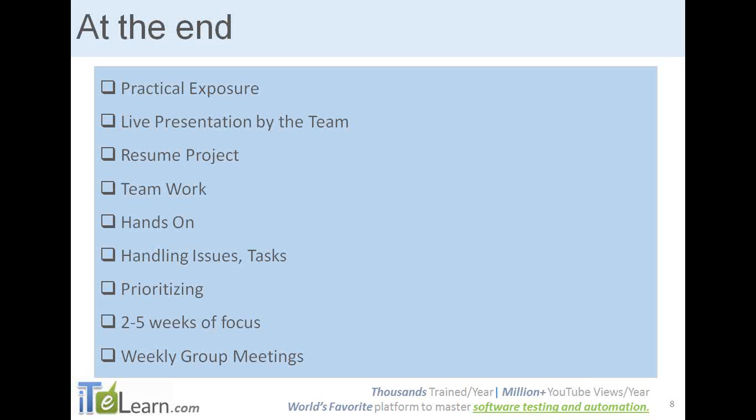Then how to prioritize your tasks, what to do and what not to do. So this is very important. The time frame, we would be focusing on 2 to 5 weeks of a live project, so that you would be able to work on different phases of performance testing.